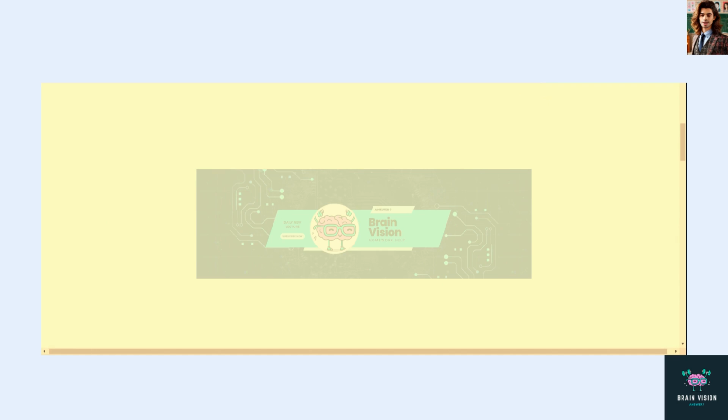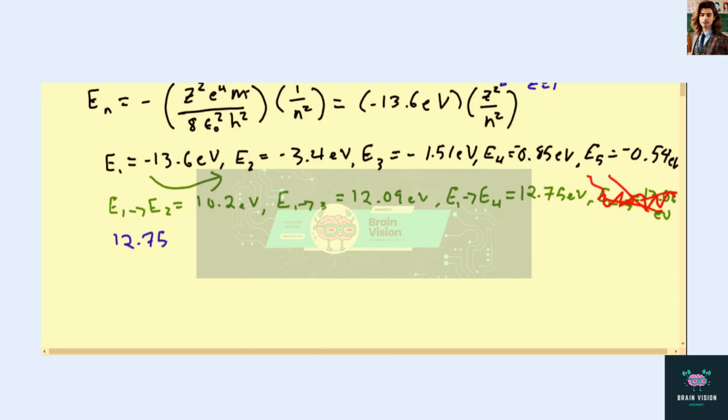But we know we can only raise these electrons up to the 4th energy level, no higher. So we need to look at just the wavelengths resultant from photons emitted from the transition from 4 down. So 4 to 3, 4 to 2, 4 to ground, 3 to 2, 3 to ground, and 2 to ground.